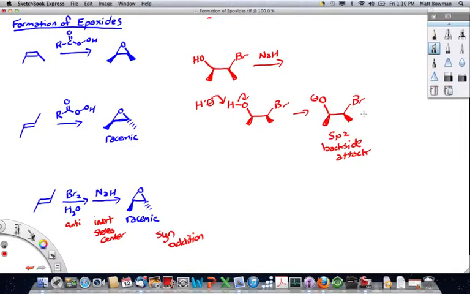So you need to redraw this molecule like so, in order for you to actually do the substitution, where the nucleophile and the leaving group are anti-coplanar to each other. So we rotate this Br 180 degrees.